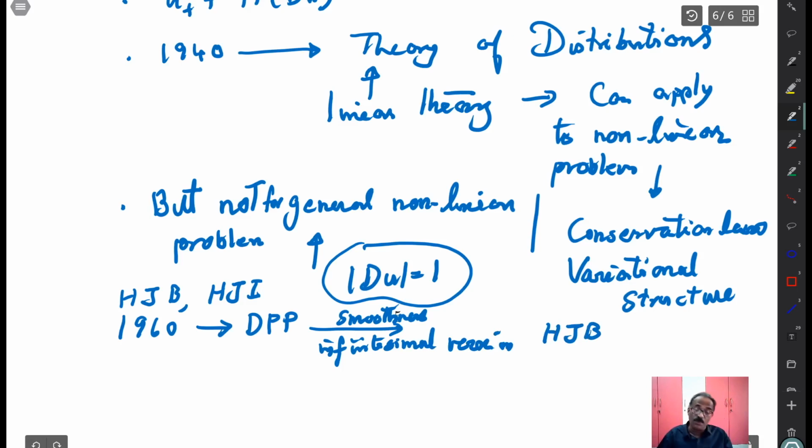So optimal control theory became very important in the 1960s. You need a new type of variational concept; the distribution theory concept will not be helpful here. So you need a new concept of weak solutions.